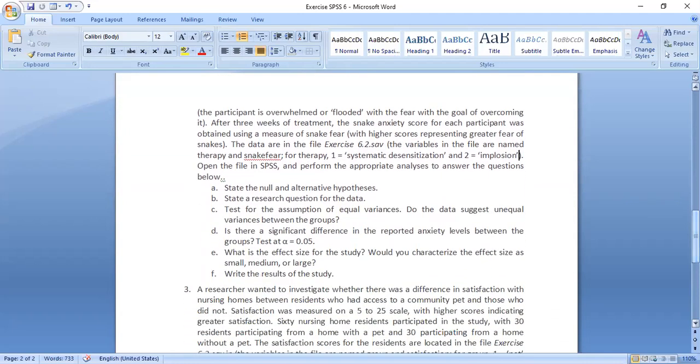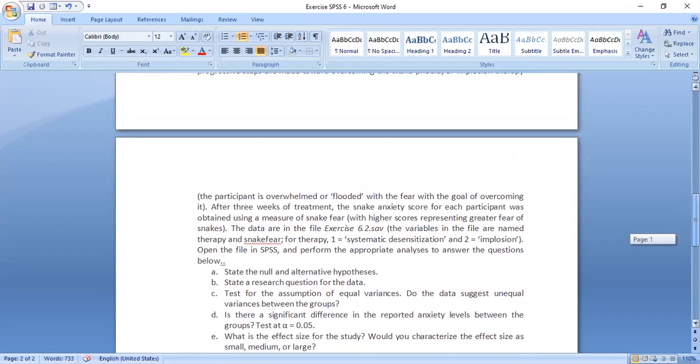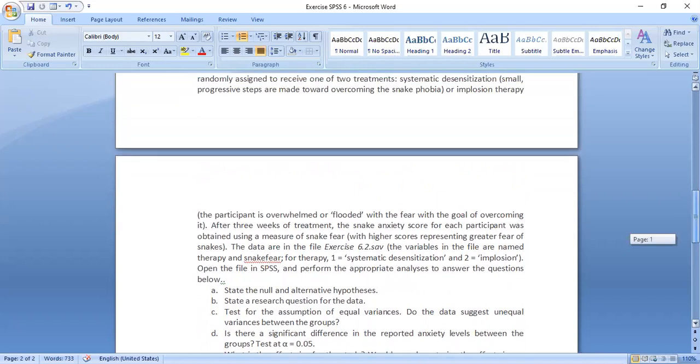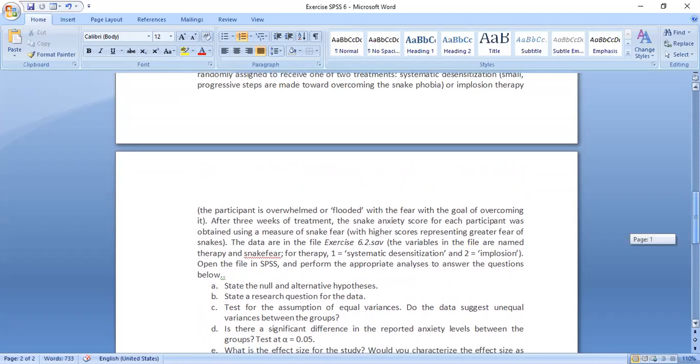Now we have to state null and alternate hypothesis, and I'm simply speaking them right now. Null hypothesis: there is no significant difference in the anxiety level of participants who have been treated using either systematic desensitization or implosion therapy.